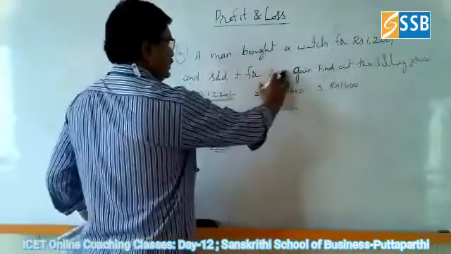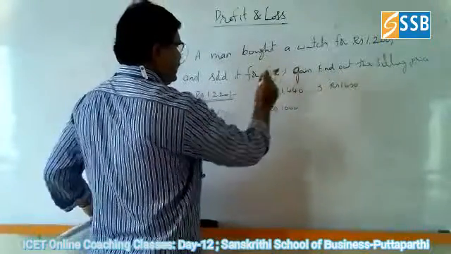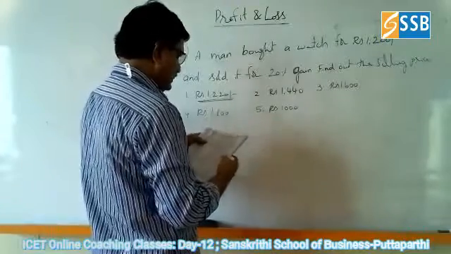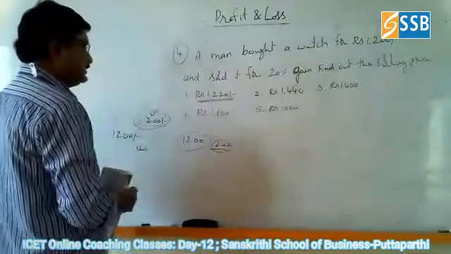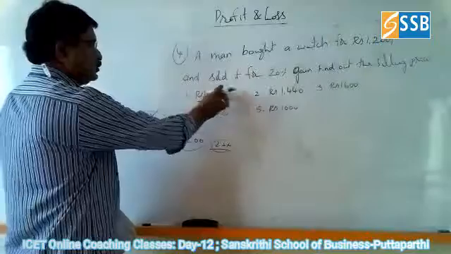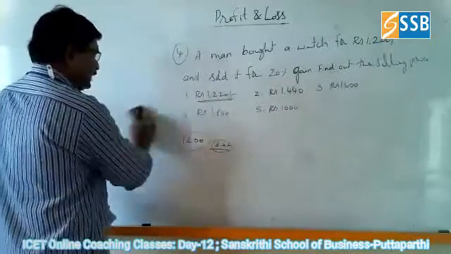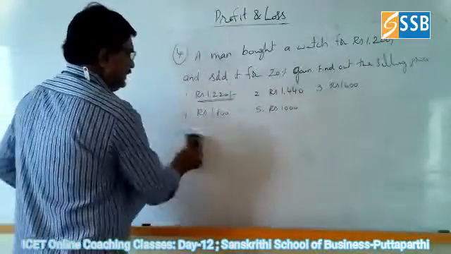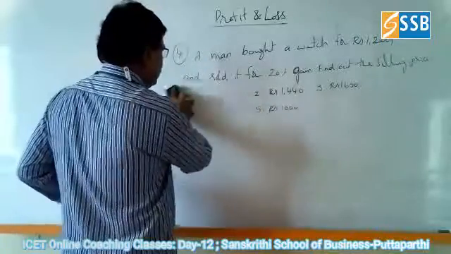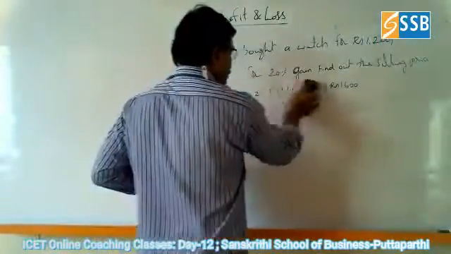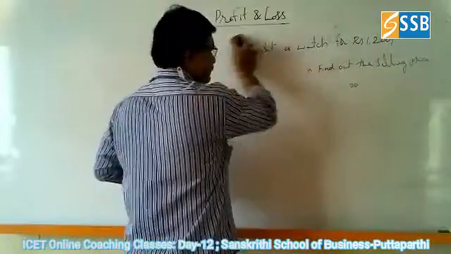No, here 20% gain, find out the selling price. So the selling price will be 1220. So simply speaking, 1200 rupees he purchased and he added 20%, then the answer is 1220 rupees, is the right option.